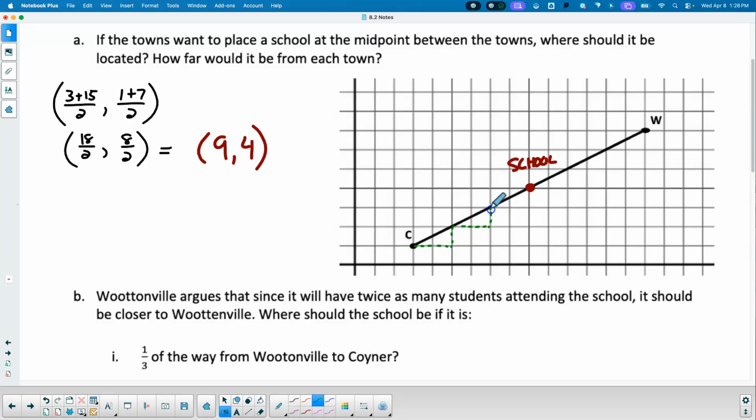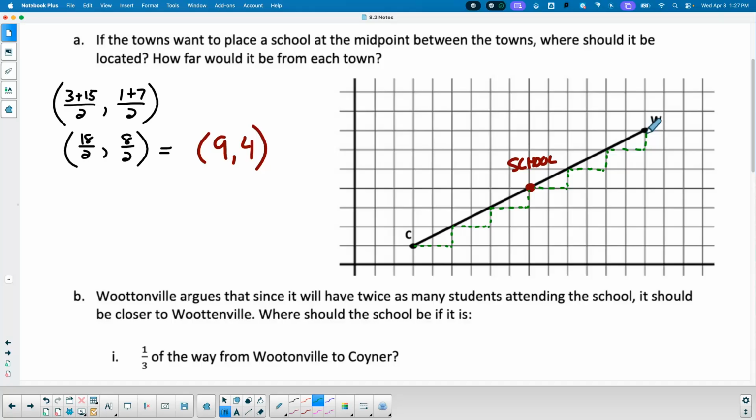How many slope triangles get made then in order to get from C to W? If the slope is 1/2, how many of those slope triangles did I make? 6 of them, right? Okay.